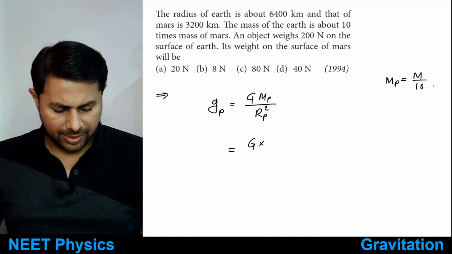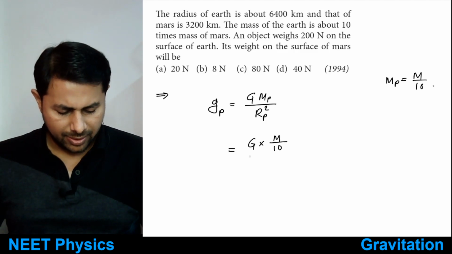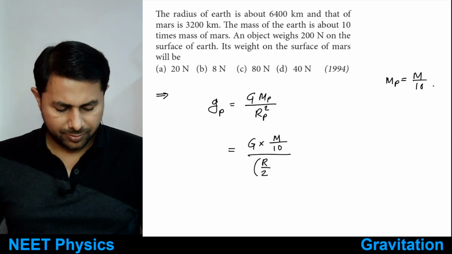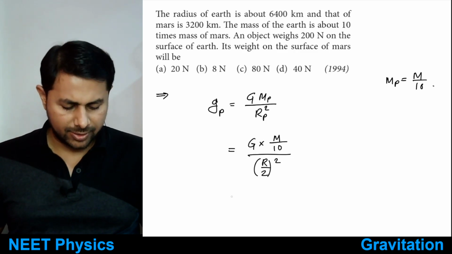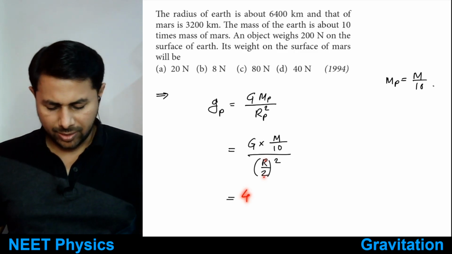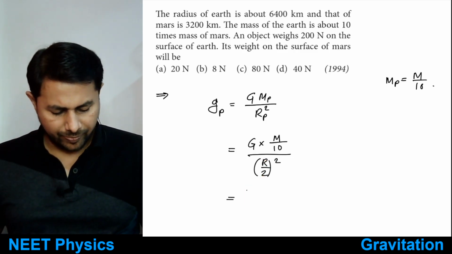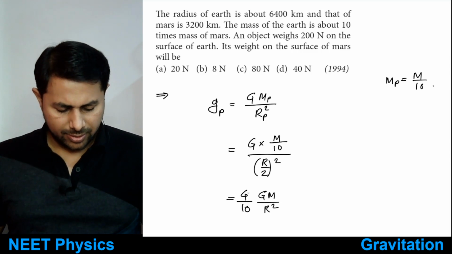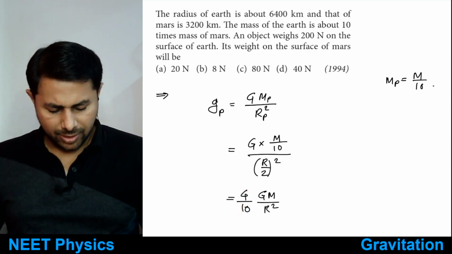So you have G times M by 10 upon the radius of Mars, which is R by 2, half of that of earth. So this is (R by 2) square, so that 4 will come in the numerator and the 10 goes to the denominator. You have GM divided by R square, so 4 by 10 means 2 by 5.